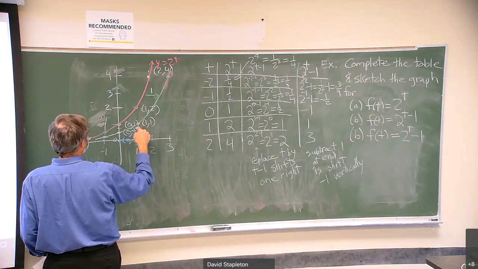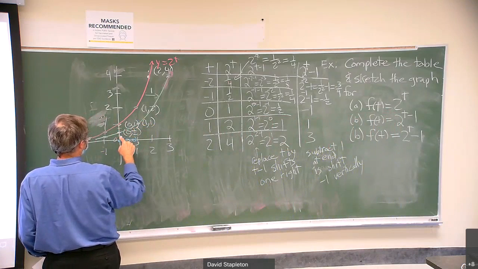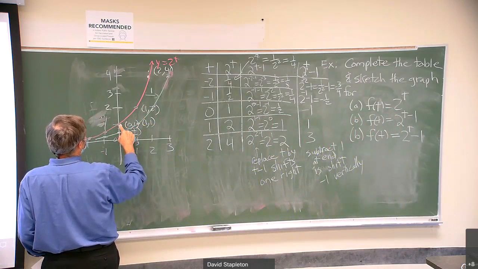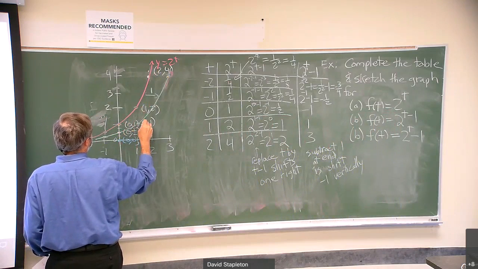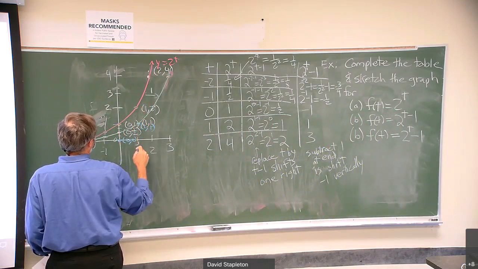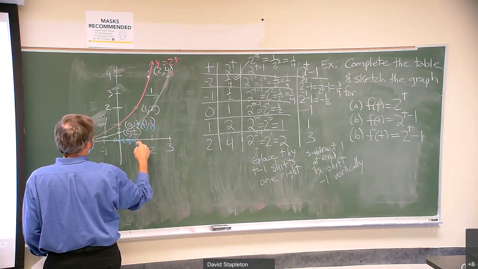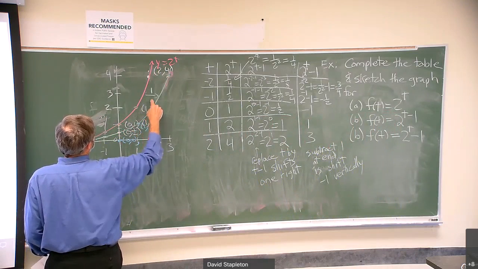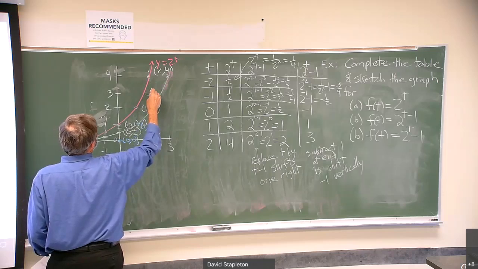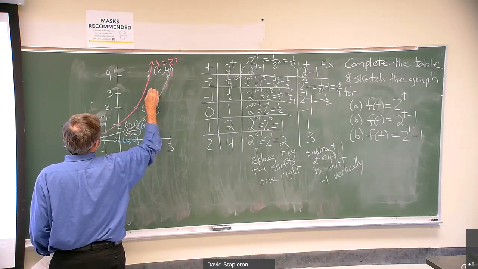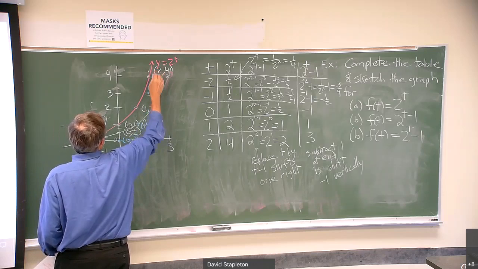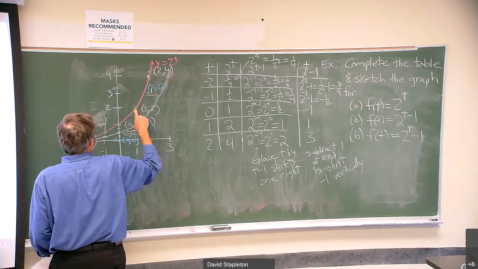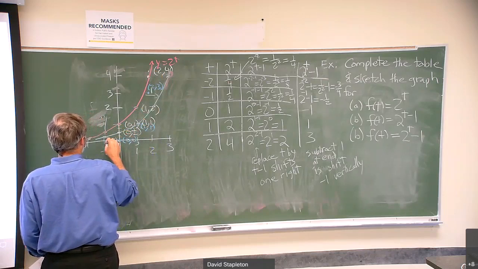Instead of 1, 2, I get 1, 1. Instead of 2, 4, I get 2, 3. And so on. I just took this graph and put every point down 1.